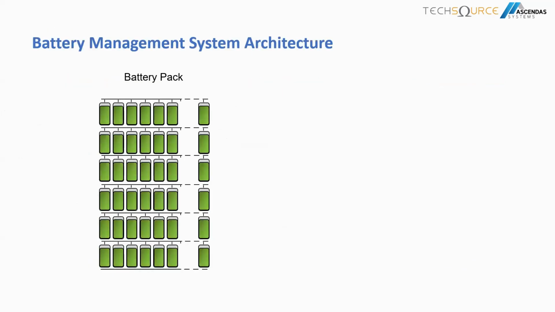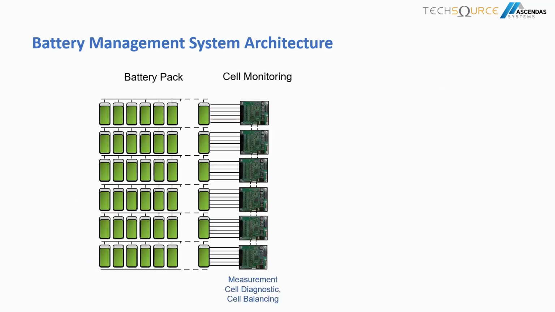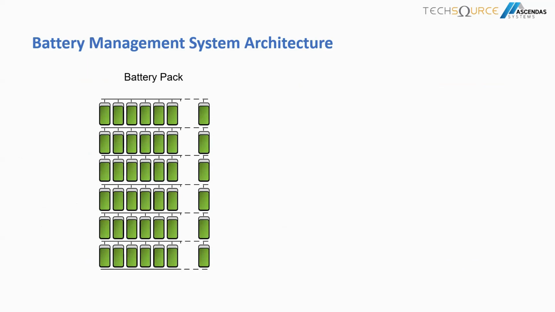Just to give you an overview of how we see the architecture of a typical battery management system, it definitely includes the battery, not only a single cell but a battery pack with series and parallel combinations so that you can meet your capacity and voltage requirements.